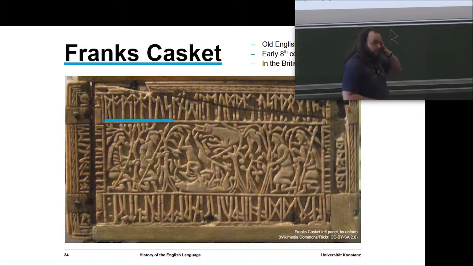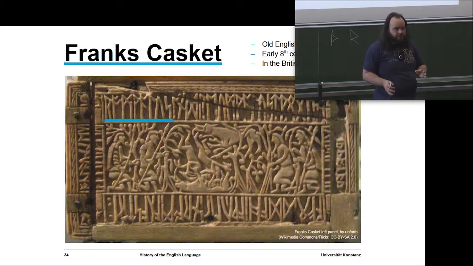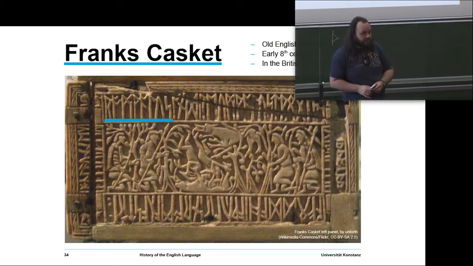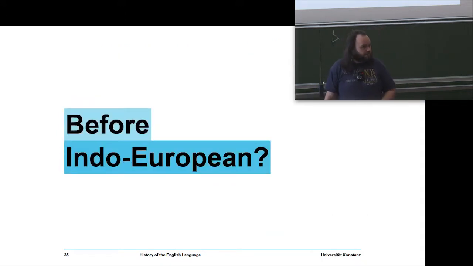Eventually, the Old English writers started writing in a different alphabet, the Latin alphabet, and the Latin alphabet took over. But that is something for next week, because everything today is relating to the pre-Old English phase.